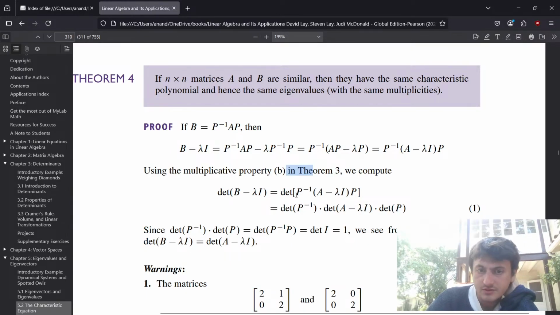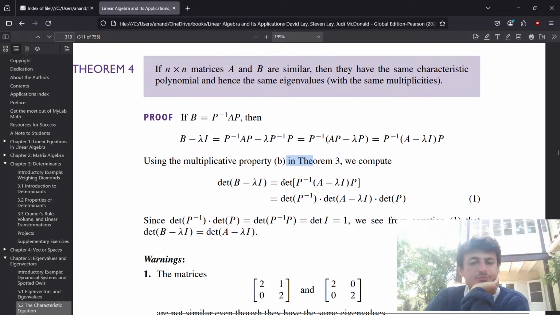Okay. Using the multiplicative property in Theorem 3, we compute that the determinant of this is equal to this times this times this.